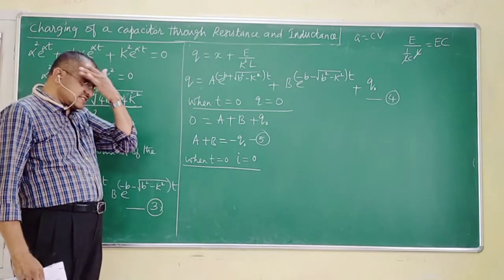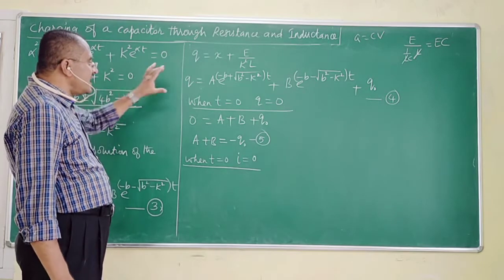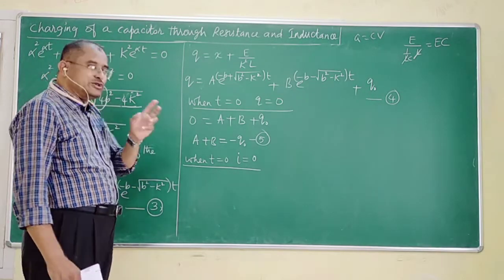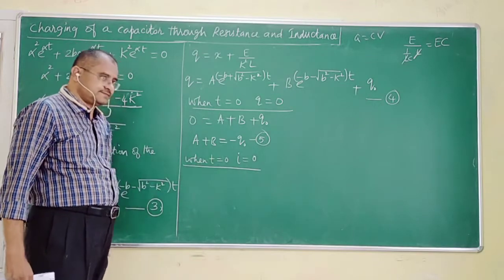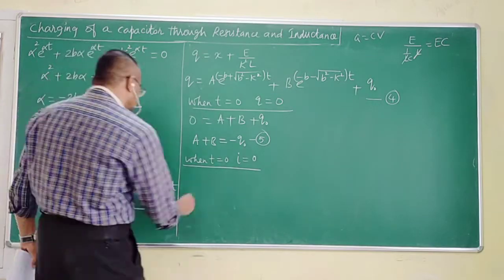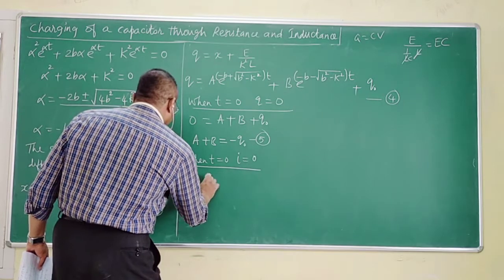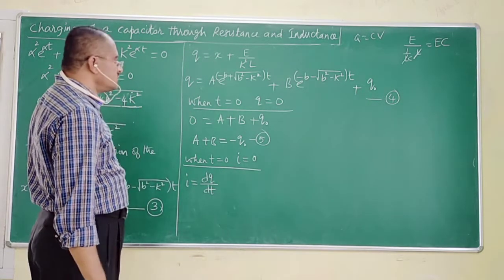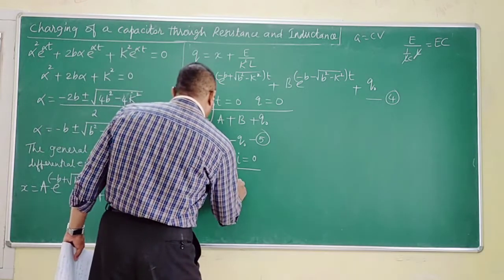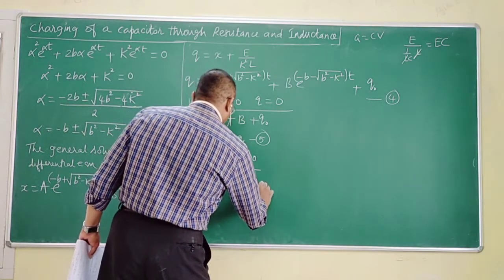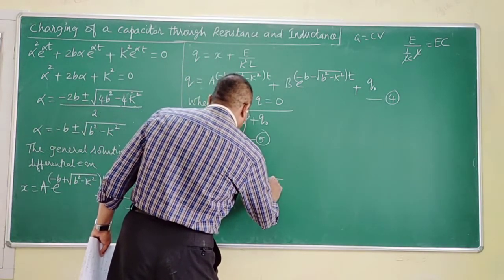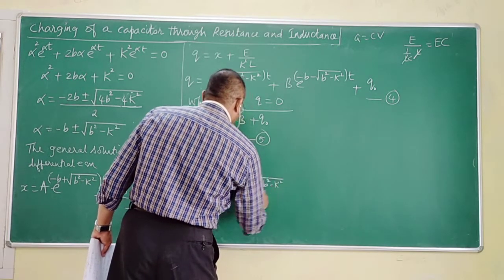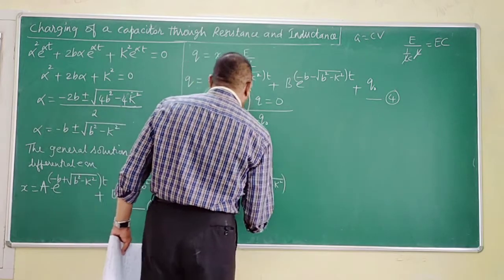The problem with us is we have an equation only in terms of q. We do not have an equation for I. So what do we do? We differentiate this equation, for I is equal to dq by dt. Therefore, minus b plus root of b squared minus k squared into a e to the power minus b plus root of b squared minus k squared into t.